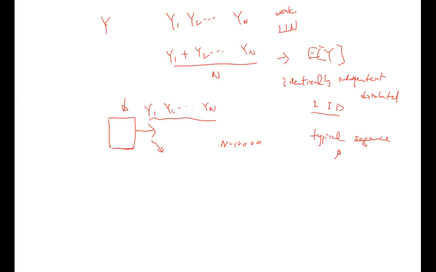Okay, I'll leave that for later, after I give a clear definition next time. But this is the goal here. I want to talk about typical sequences, and then see how a typical sequence is related to entropy.